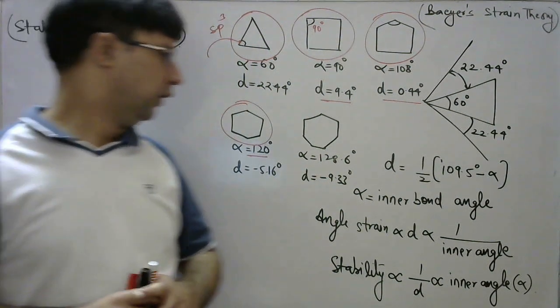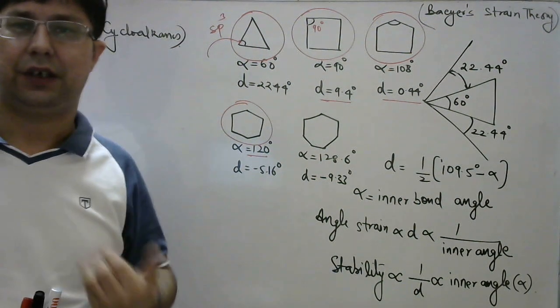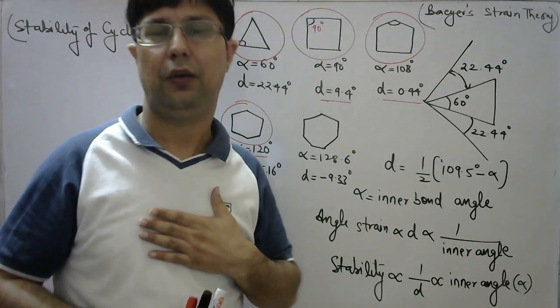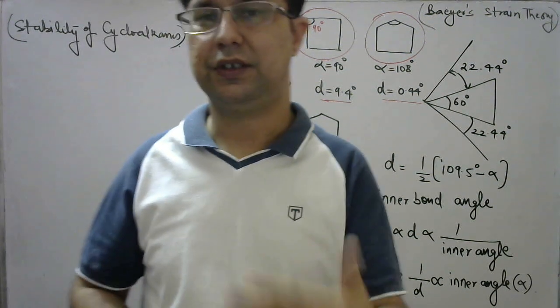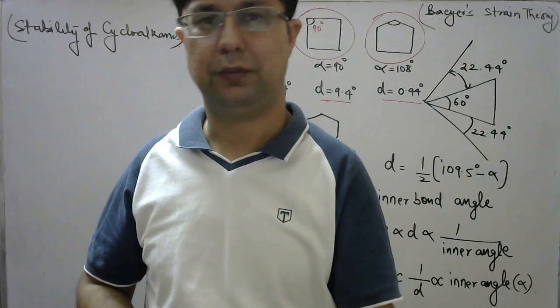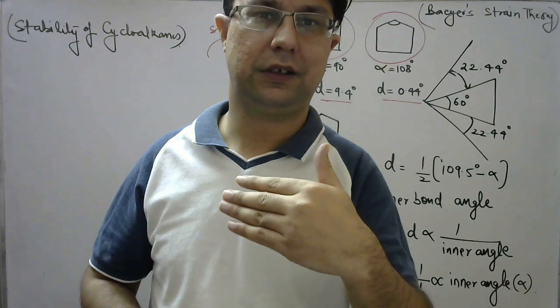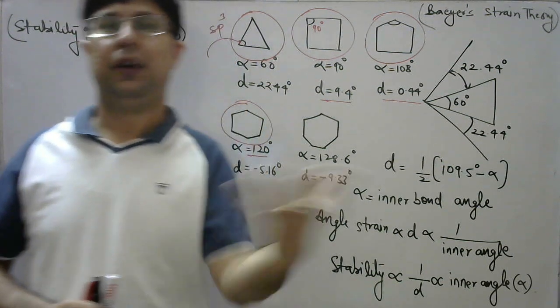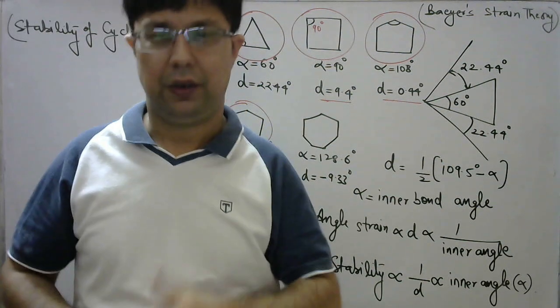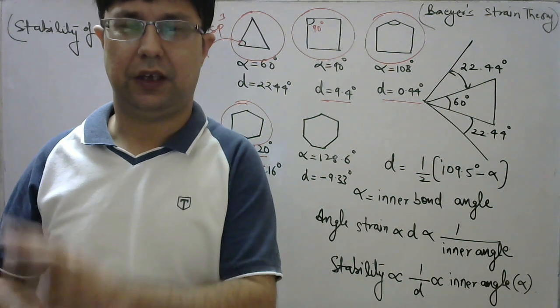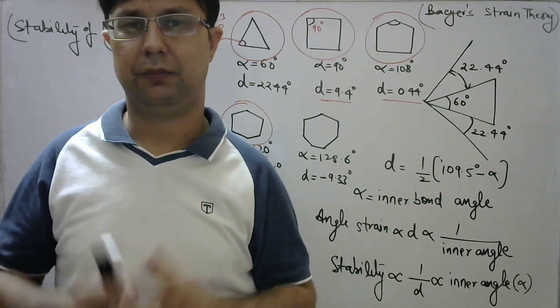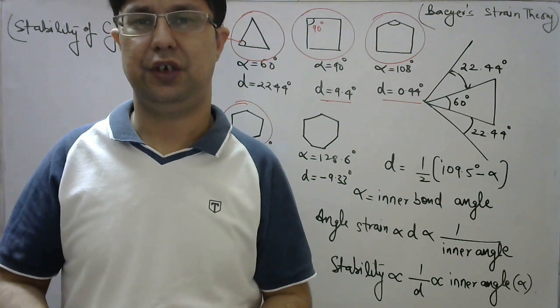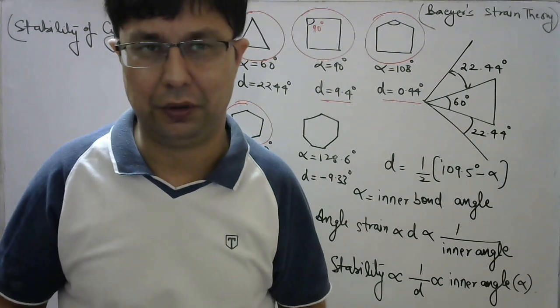Now what we want to understand is how I am saying that the cyclohexane ring is the most stable ring among all the conformers, among all the isomers, or among all the cycloalkanes. If we analyze the stability of cycloalkanes, the molecule tends to minimize the strain present in it.